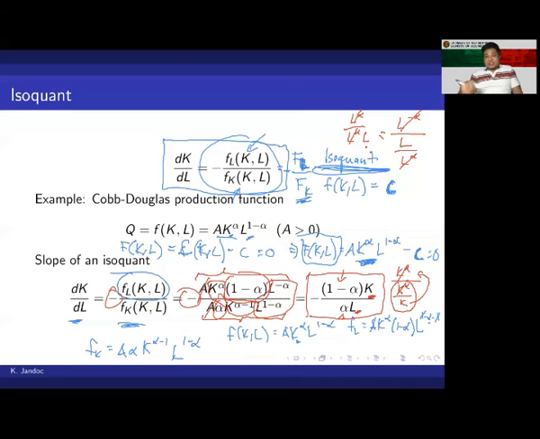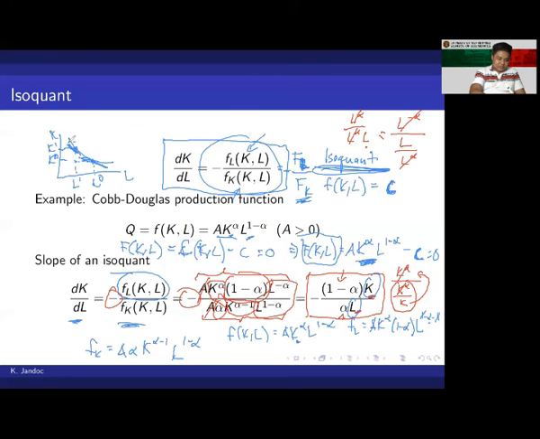So that's the slope of the isoquant. Now notice that the slope of the isoquant also depends on the variables K and L. If you have, for example, an isoquant like this, where this is K and this is L, the slope of this isoquant depends on the values of L and K. So the slope here at (L0, K0) is this one, while the slope at (L1, K1) is different.